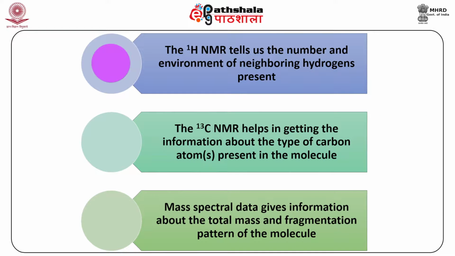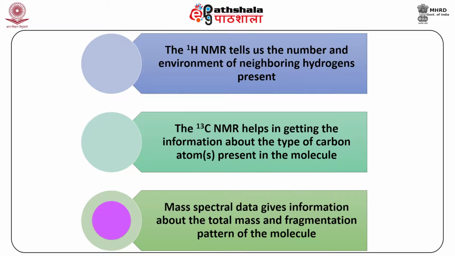The 1H NMR will be telling you about the number and the environment of the neighboring hydrogen atoms which are present. When you are given a 13C NMR spectrum, it will give you information regarding the type of carbon atoms present in the molecule. And what can you predict from mass spectral data?